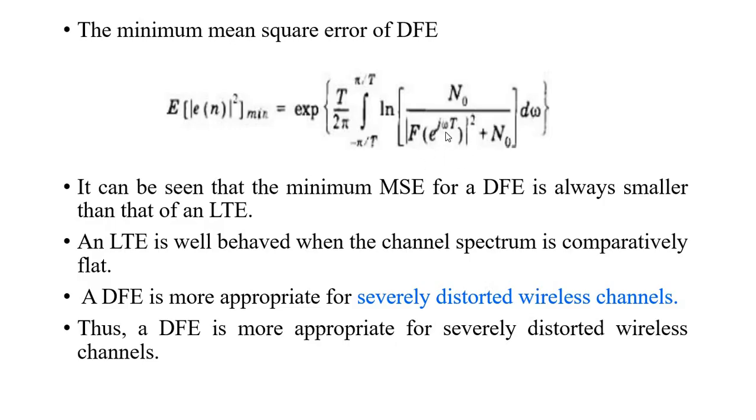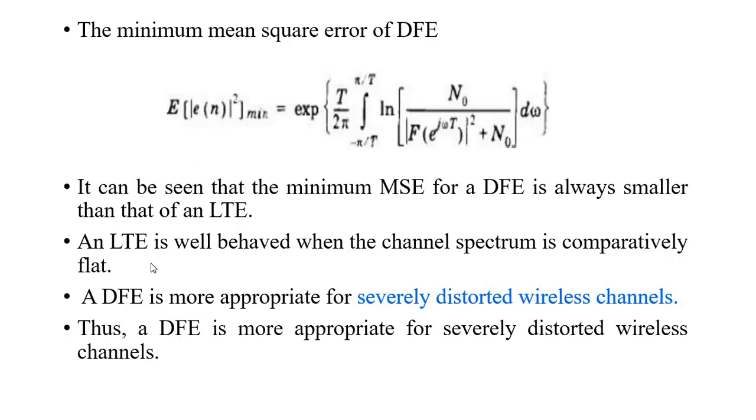Here we represent the frequency response F of e to the power j omega T squared, plus N naught, representing the noise, in determining the expected value of the error sequence. So, the minimum average square error.